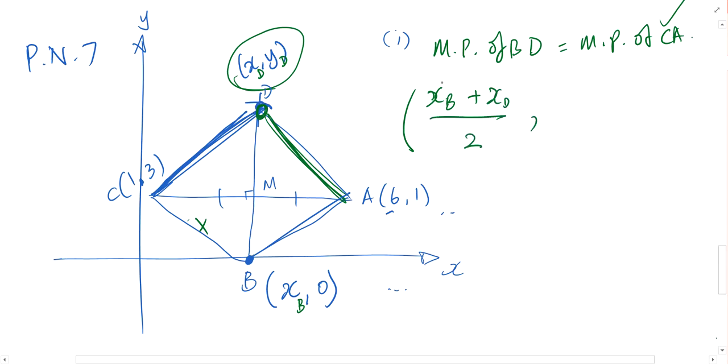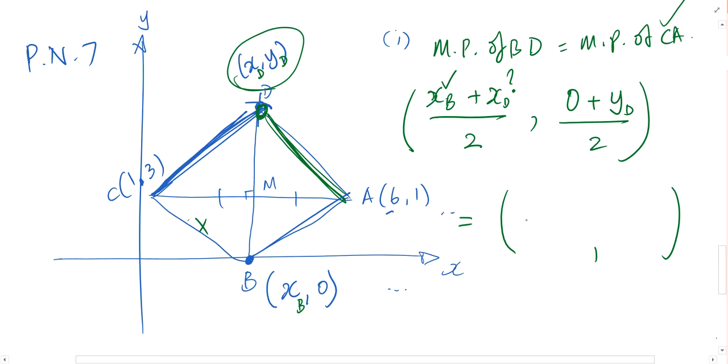This one, xb we already found. This is our question mark. The other will be 0 plus yd over 2. It's supposed to give us the coordinates of the midpoint. So m, x of the midpoint, y of the midpoint. You understand? So all this we have already.